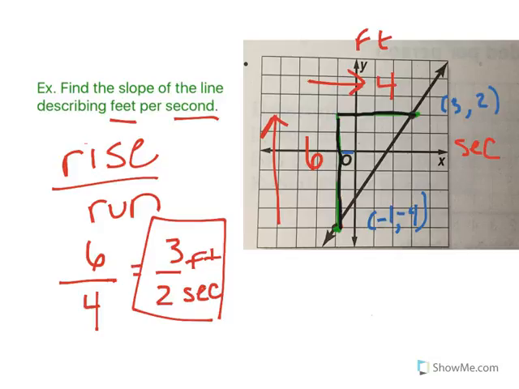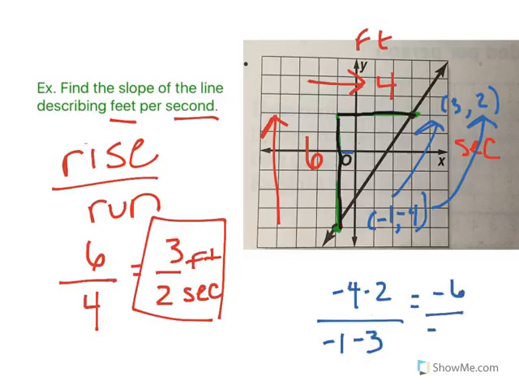So what I can do is subtract my -4 minus 2, and then -1 minus, I'm sorry, I wrote that wrong, -1 minus 3. So then I'm going to get -6 divided by -4, and that's going to reduce to +3 over 2, because a negative divided by a negative makes a positive, and 6 divided by 4 reduces to 3 halves.